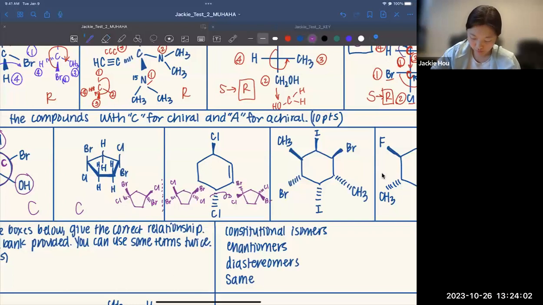Even if I were to rotate this, it would look something like this. If I rotate this and the Br is up, because I want to match it to this, and this Cl is down, and this Cl is up, and this one is down, even if I were to match it, you can tell that on the top over here you have 2 carbons attached to it, whereas this one only has 1 carbon. So they're not superimposable.